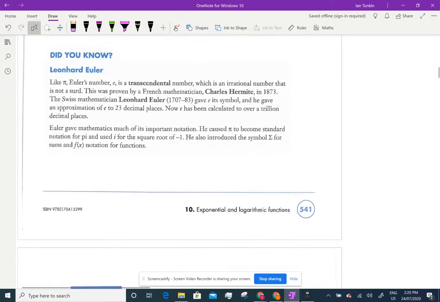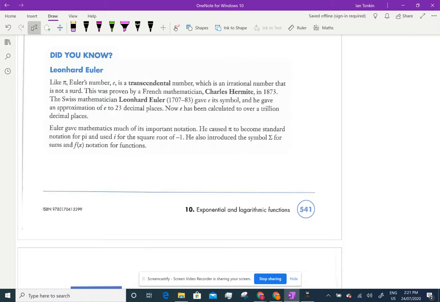Now, Leonhard Euler, this is the number that he didn't, or did he discover it? Yes, people knew about it, but he was the one who really put it on the mathematical map. It's a transcendental number, which means it's irrational, but it's not absurd. It was proven by Charles Hermite in 1873, and Leonhard Euler gave e its symbol.